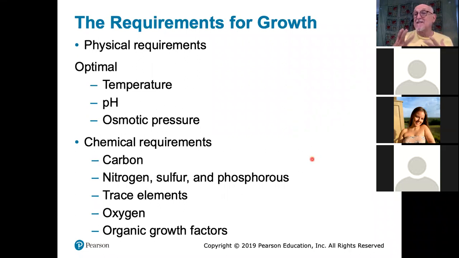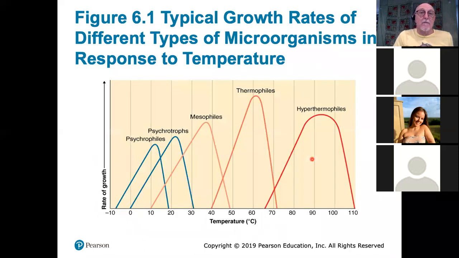That is the saltiness, the solute concentration of our blood and our body fluids. We'll look at it in more detail.